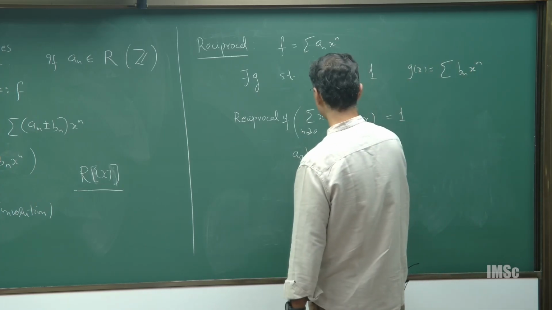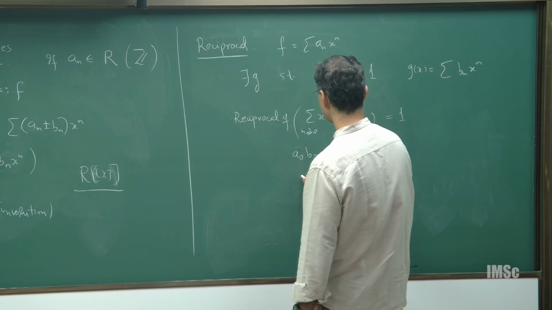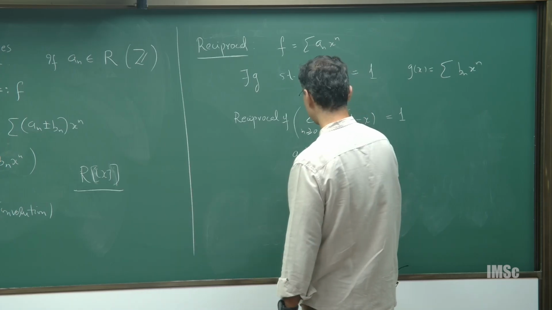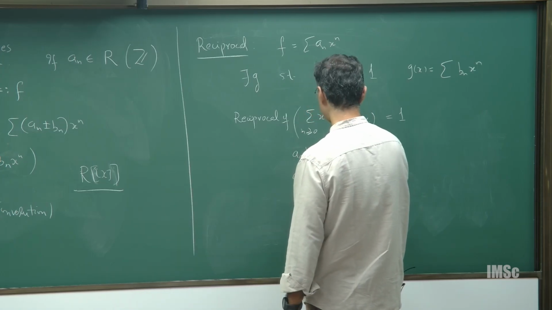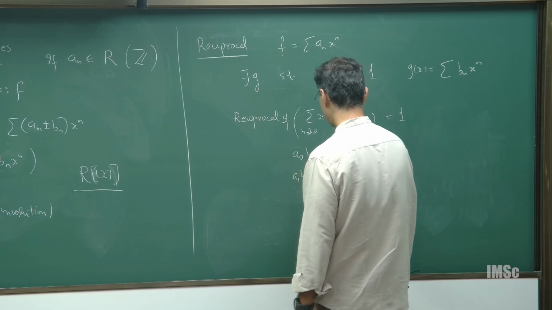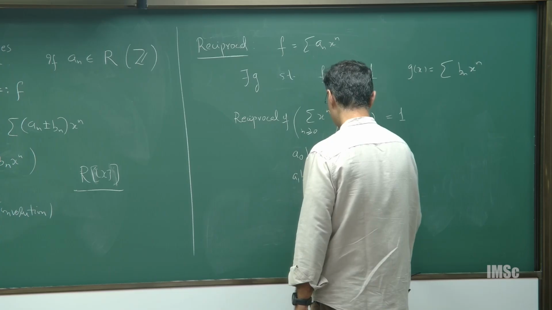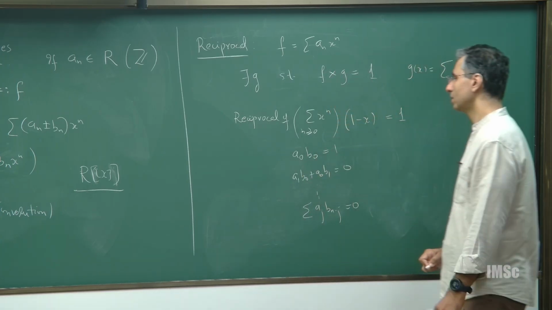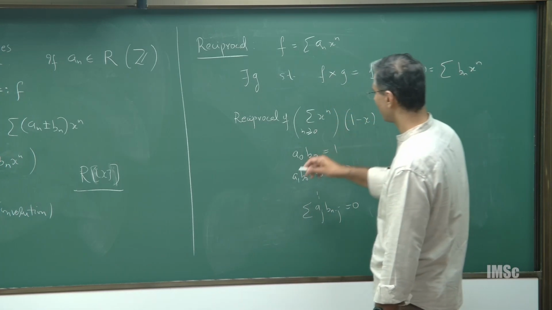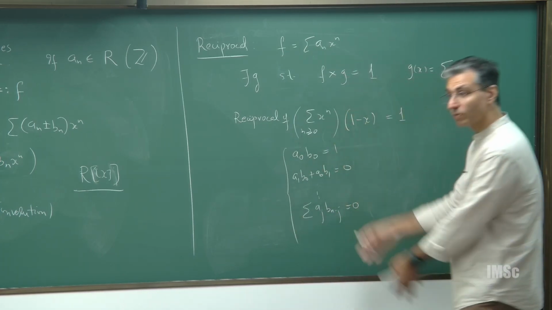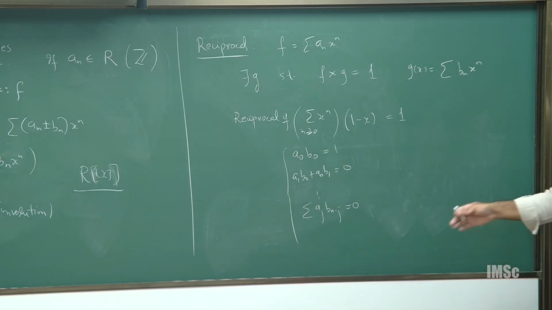So, this says a0 b0 is 1 and a1 b0 plus a0 b1 is 0, all the other terms vanish. Okay, that is true. So, the reciprocal exists if and only if this infinite system of constraints holds true.